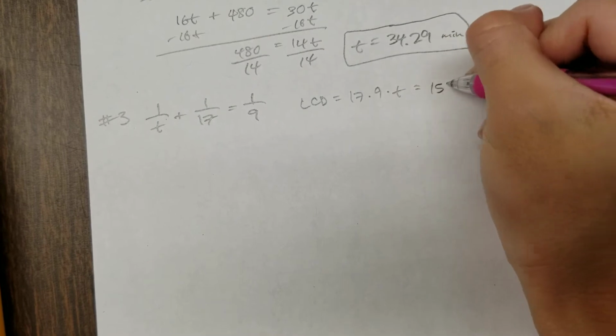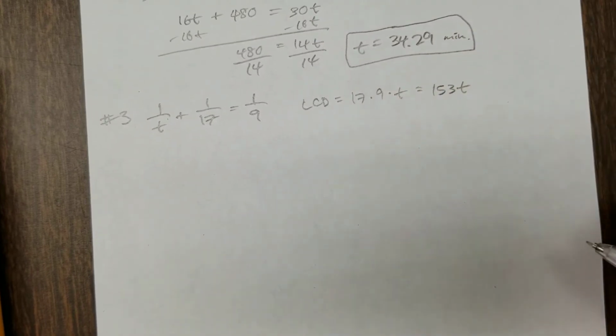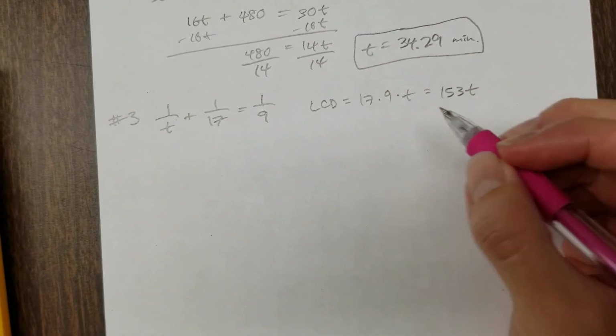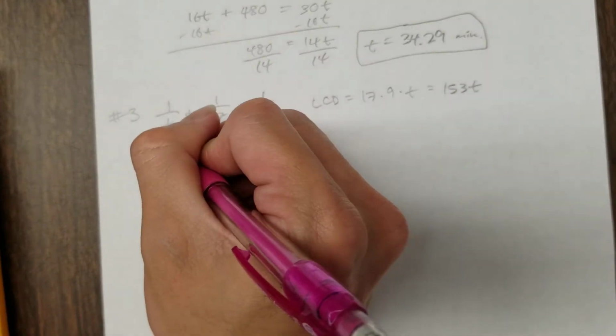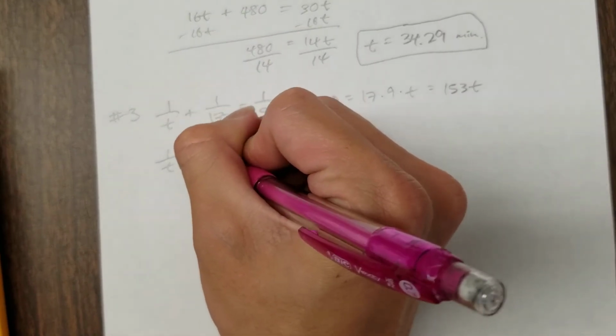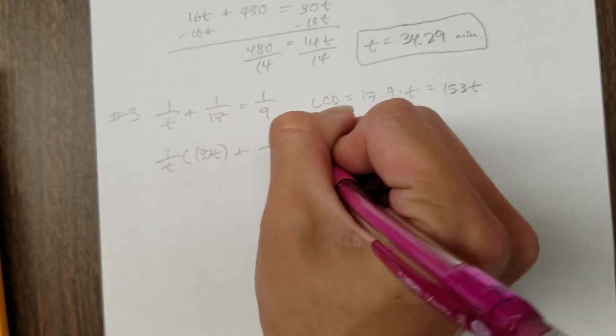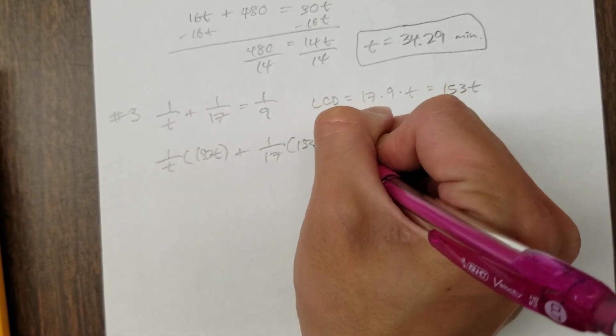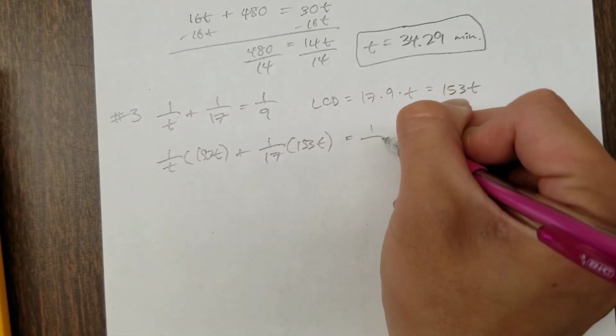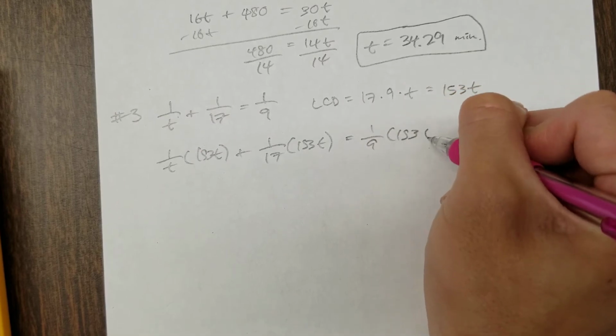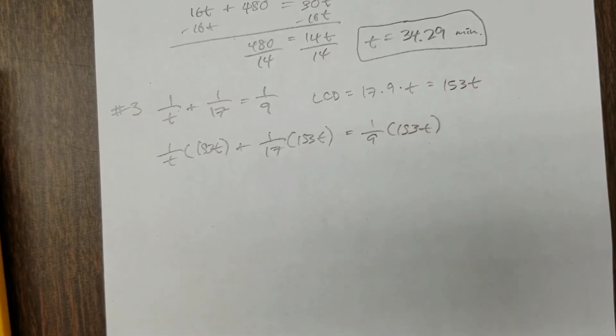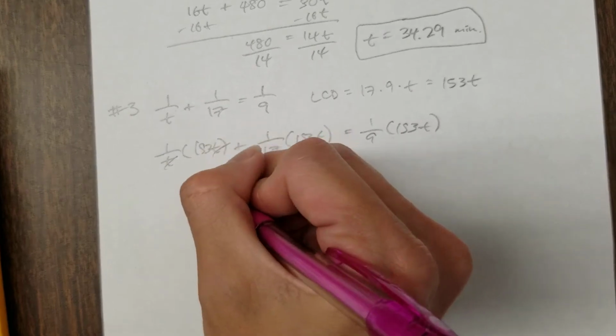That's 153t. Now what we need to do is multiply everything by this least common denominator. 1 over t times 153t plus 1 over 17 times 153t equals 1 over 9 times 153t.